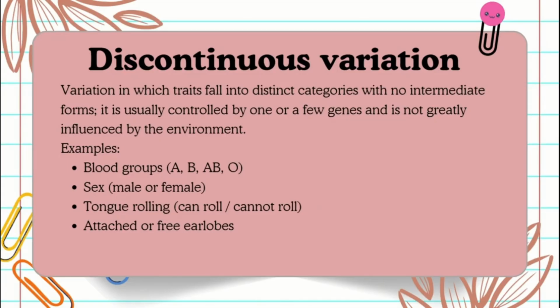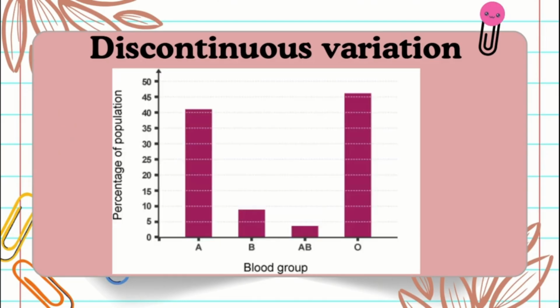With discontinuous variation, there are clear-cut categories, for example blood groups, meaning that either you're A, B, or O. There's no A-ish, there's no B-ish, there's no AB-ish. You have to fall into one of the categories. Even with your gender, you have to be either male or female. There's no in between. Either you can roll your tongue or you can't. Either your earlobes are attached or they're not attached.